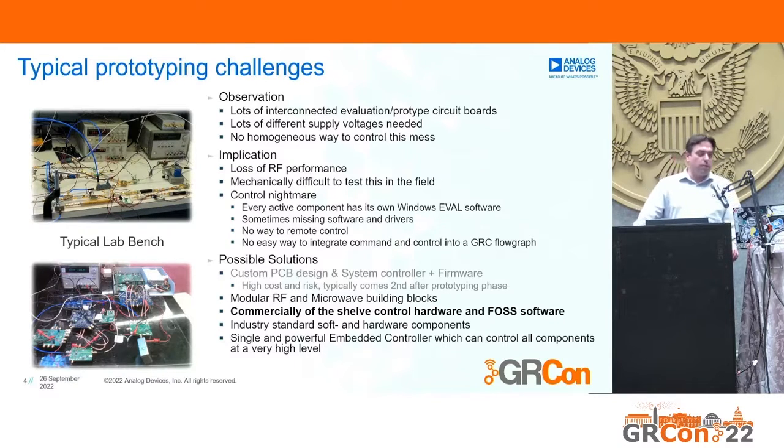Also, it's a control nightmare because you often have different vendors' evaluation hardware and software systems, and sometimes there's no software at all, and there's no easy way to remote control this, and you cannot integrate that in the GNU Radio flow graph.